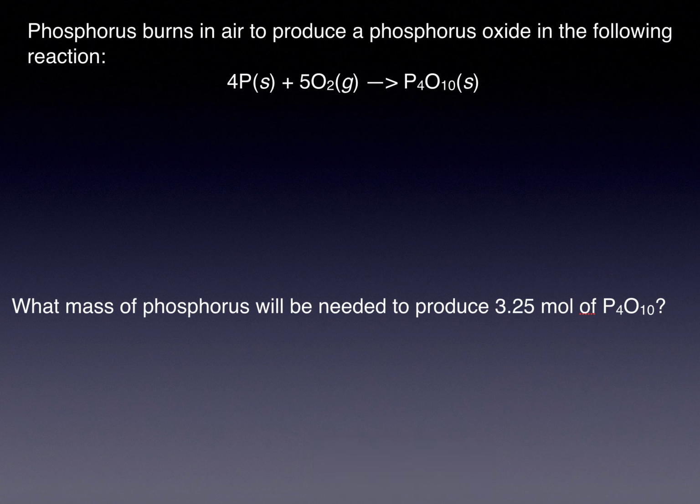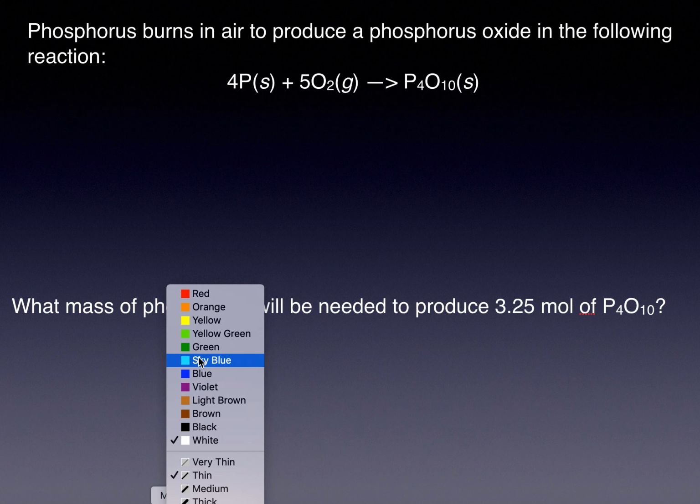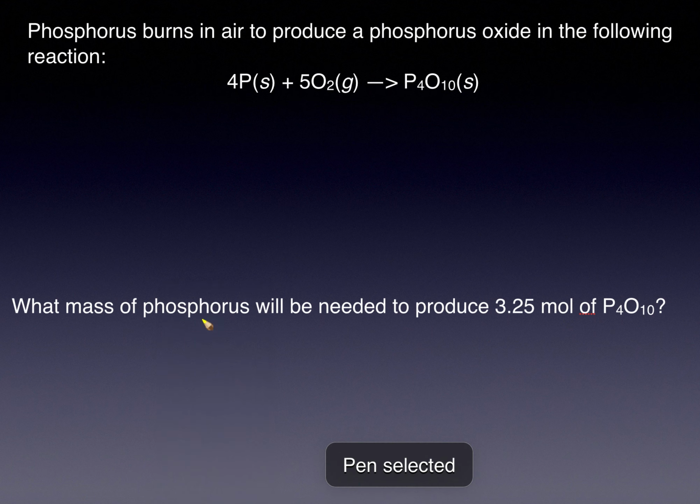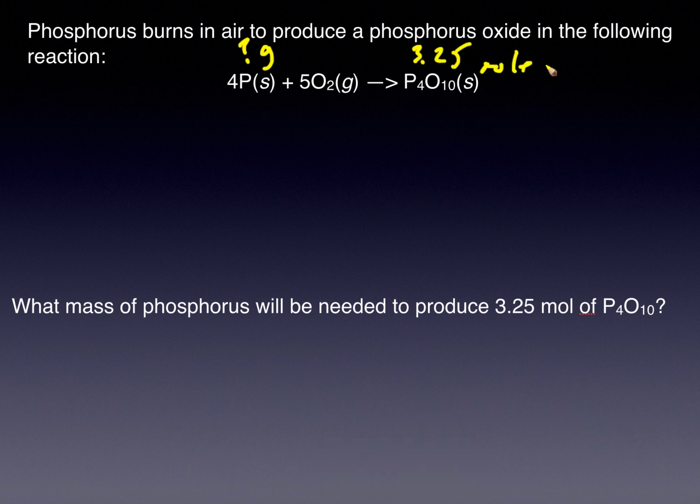And the last one here, that's a grand bowl problem. It says phosphorus burns in air to produce a phosphorus oxide in the following reaction. So it says what mass of phosphorus, so that's our gram, will be needed to produce 3.25 moles of P4O10.